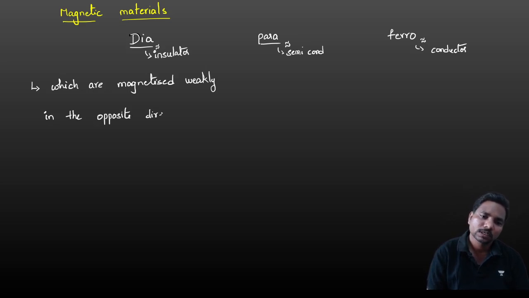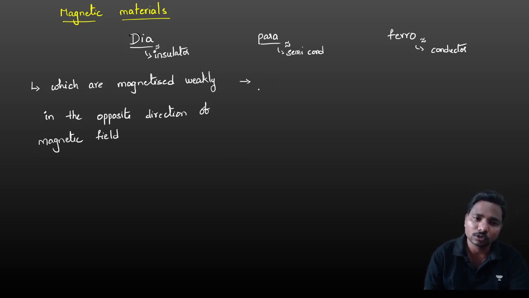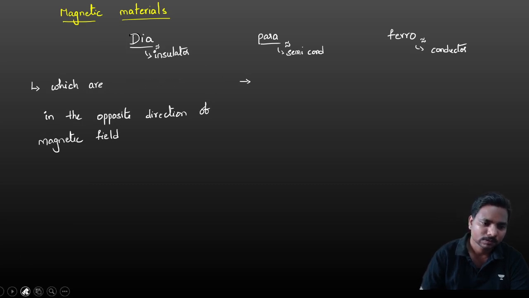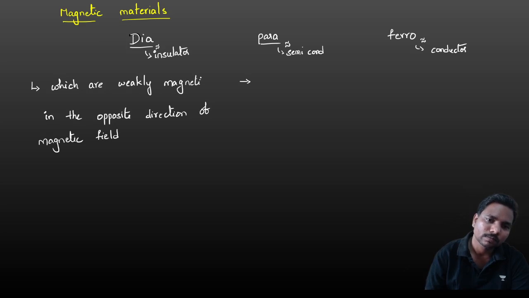Paramagnetic materials are also weakly magnetized, but in the same direction as the magnetic field.